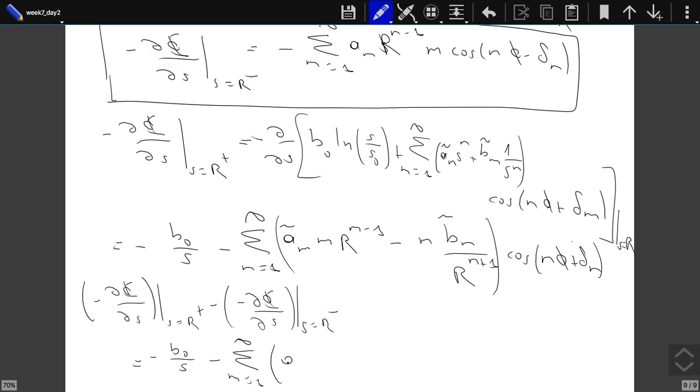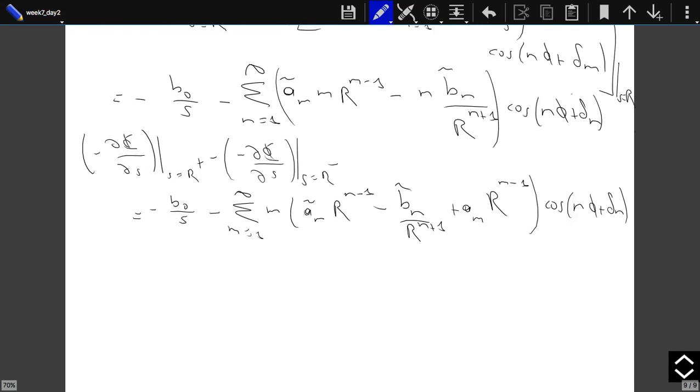Well, all the derivatives are proportional to m: a m tilde r to the power m minus 1 minus b m tilde over r to the power m plus 1 plus a m r to the power m minus 1 cosine m phi plus delta m. This should be equal to 4 pi lambda Dirac delta phi minus phi 0.